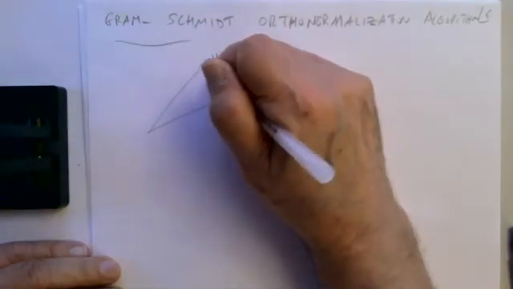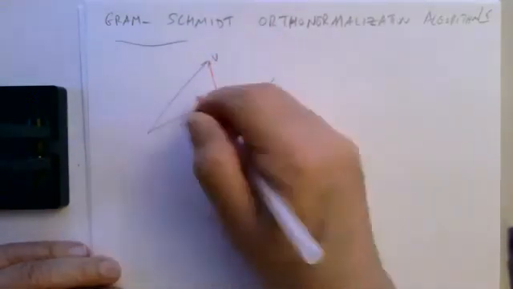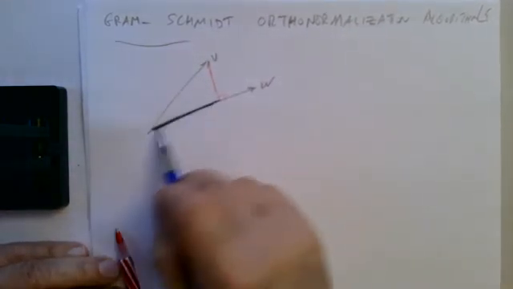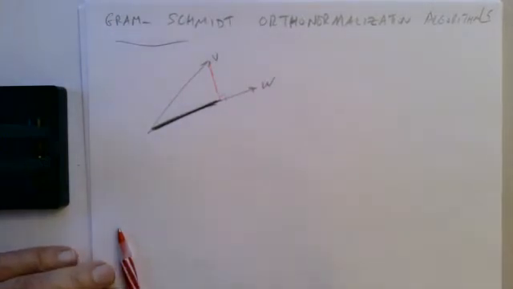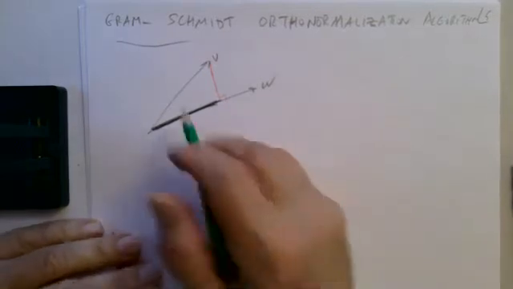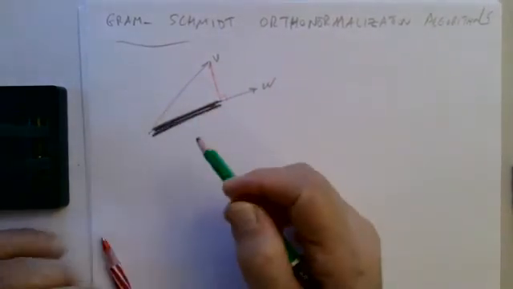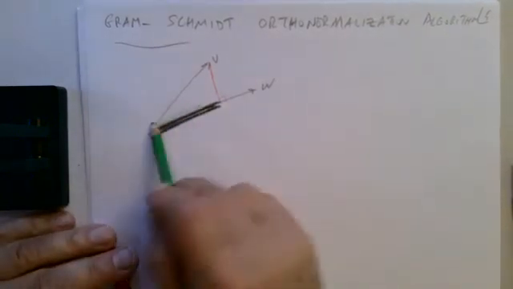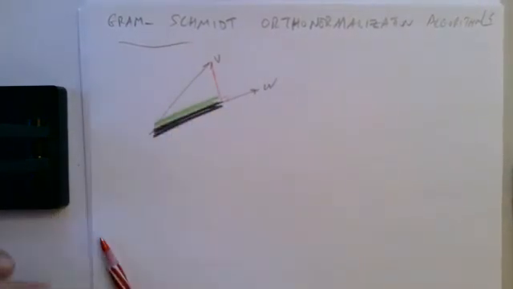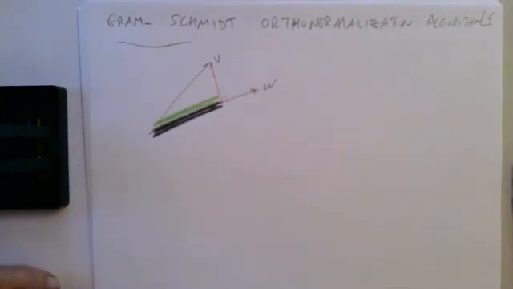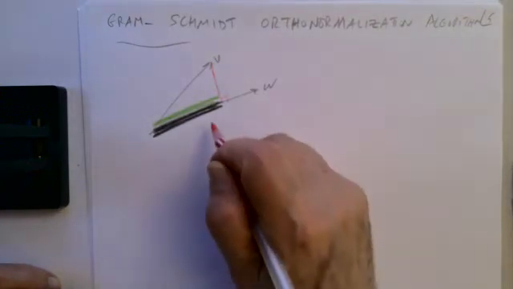Imagine you could drop the perpendicular from v to this line w. This vector, which I'll put in green, oops, that wasn't green, try this. This vector I'll call v1.